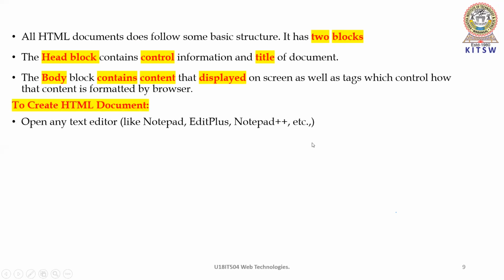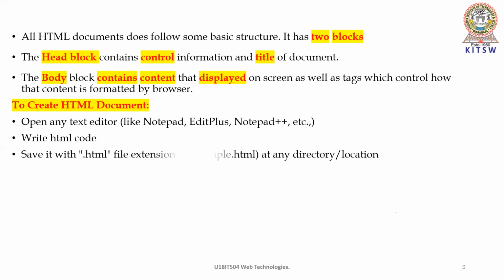To create an HTML document, we should take help of any text editor like Notepad, and we will write the HTML code, and we have to save that program as an HTML document with .html as the extension, for example sample.html.